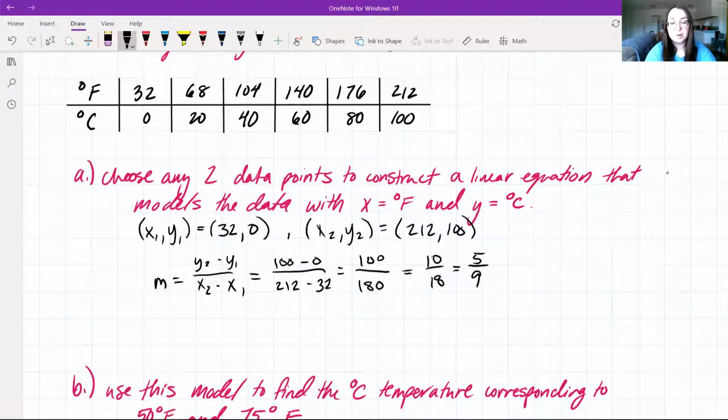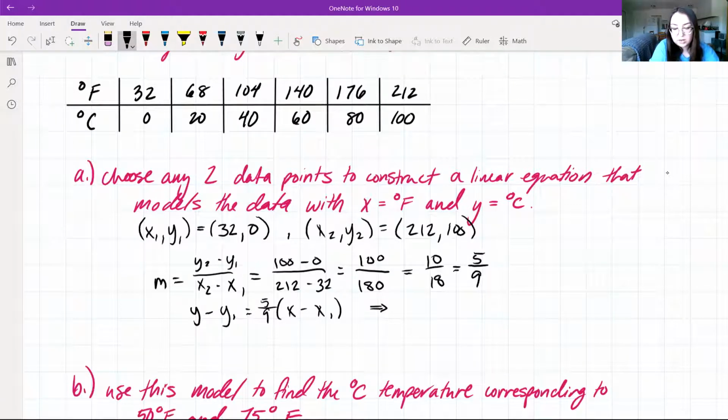Now we can set up our linear equation. We do not have a y-intercept, but we do have our point, so we can use point-slope form. We can use that very first point, x1, y1. So we have y minus y1 equal to our slope, 5/9, times x minus x1.